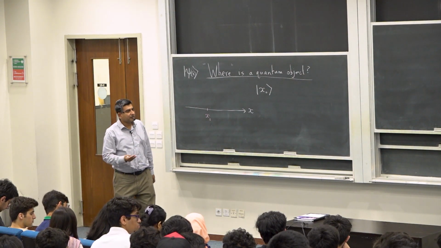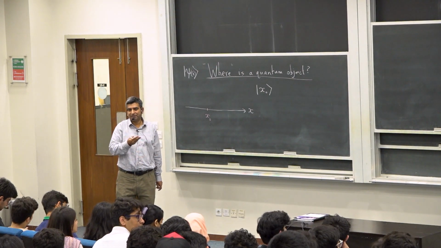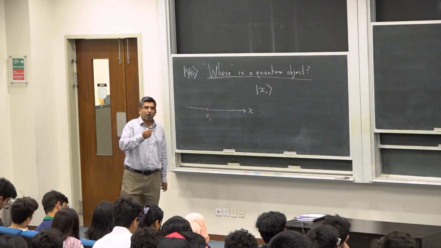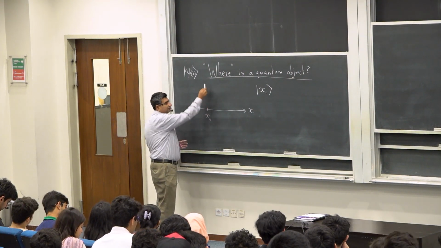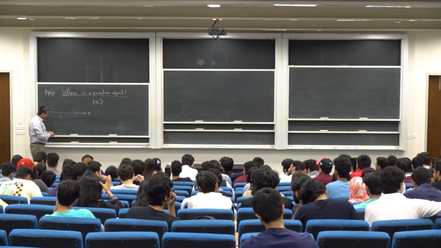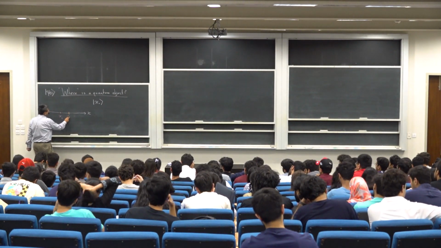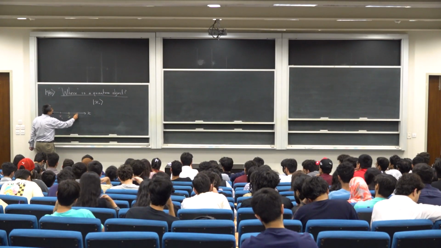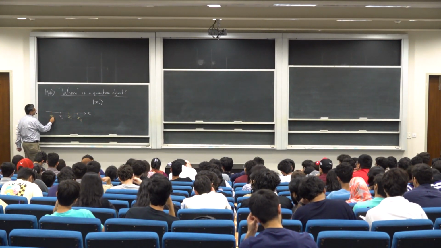All right. Now what does this state look like? It's that the object has been found to exist at x naught. It's also possible that the object is found to be located at x1, x2, x3 and so on.